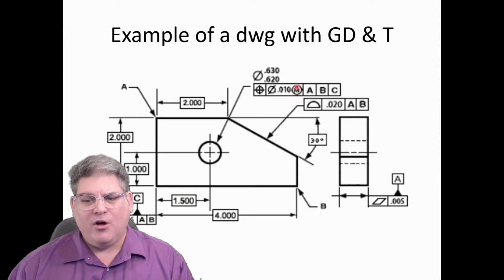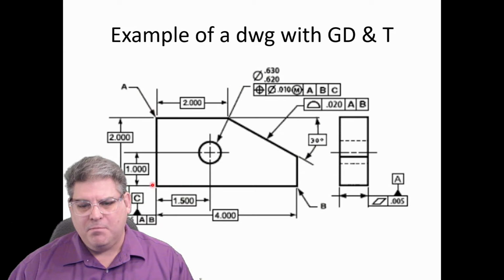Now, that tolerance is when it's at maximum material condition, so the hole is at its smallest, and it needs to refer to datum A, datum B, and datum C, where A is the perpendicularity here.